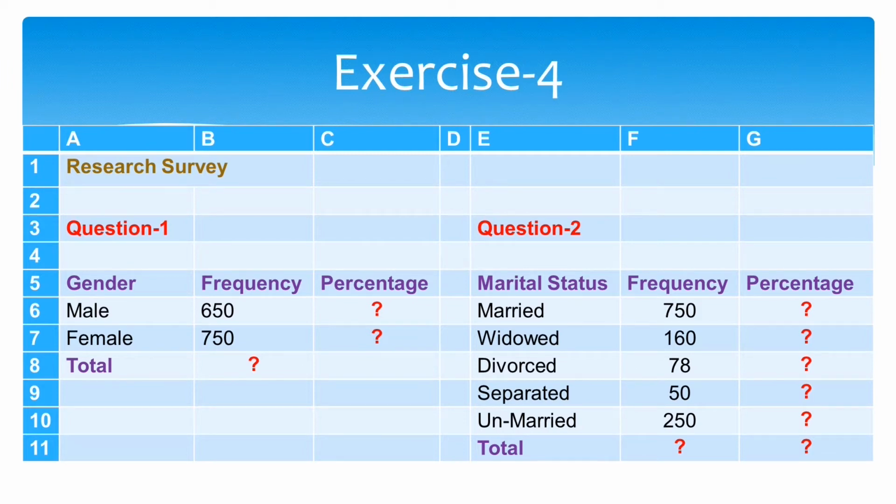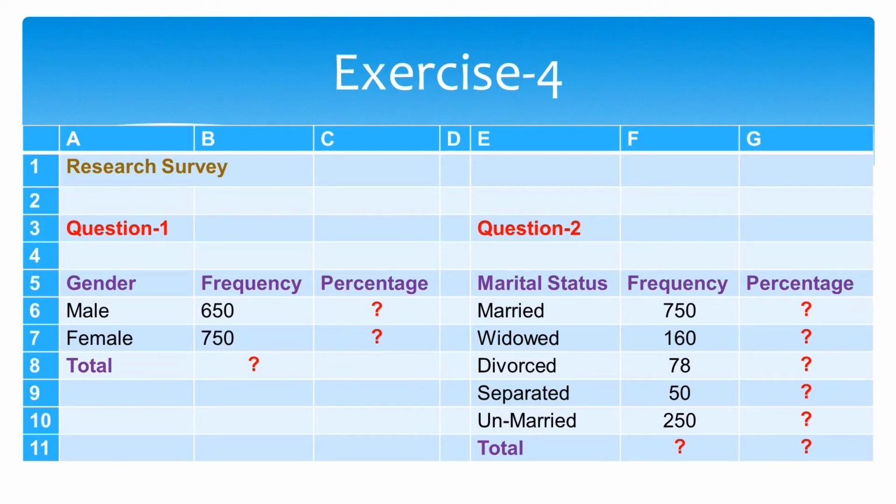Now, in question 2 we have data in which we found that 750 participants are married, 160 participants are widowed, 78 participants are divorced, 50 participants are separated and 250 participants are unmarried.